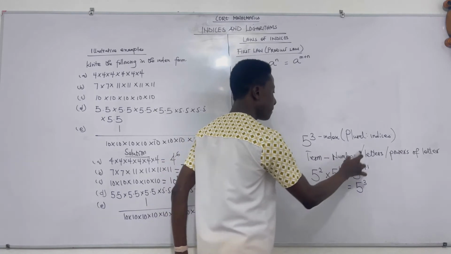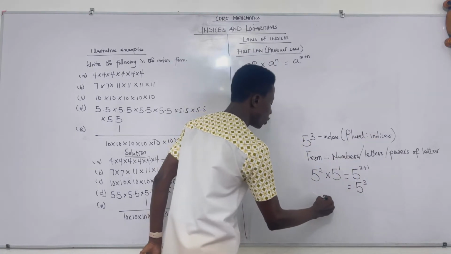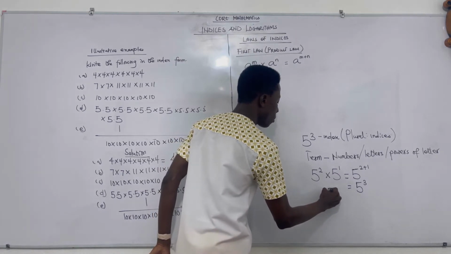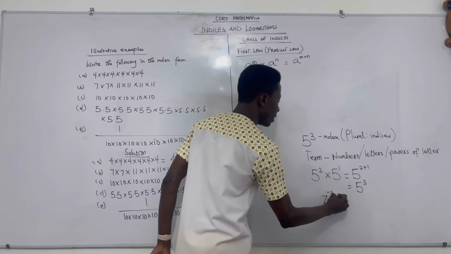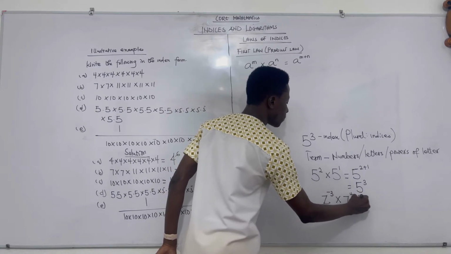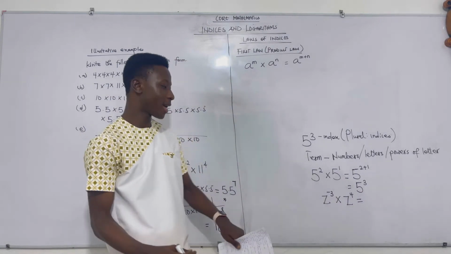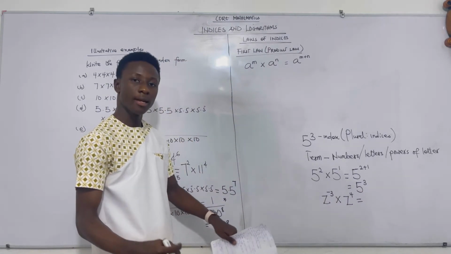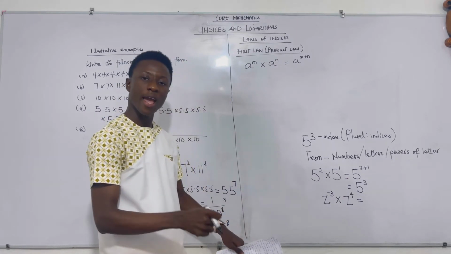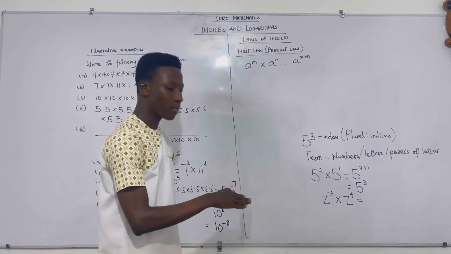Good. A term can be letters. For example, you can have z exponent minus 3 times z exponent 4. So what is it? These are 2 terms multiplying each other, and it happens that they share the same base. So the first law comes in.